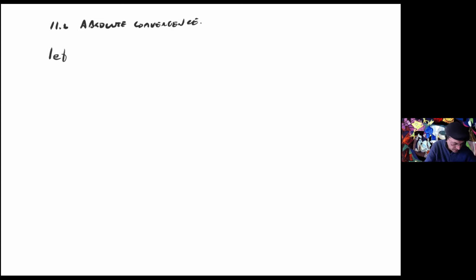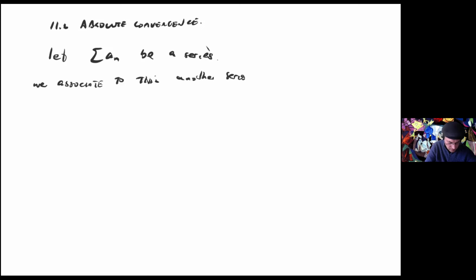Okay, so let sigma a sub n be a series. Now we could also associate to this another series, which is the series of absolute values. So this is a series with non-negative terms.